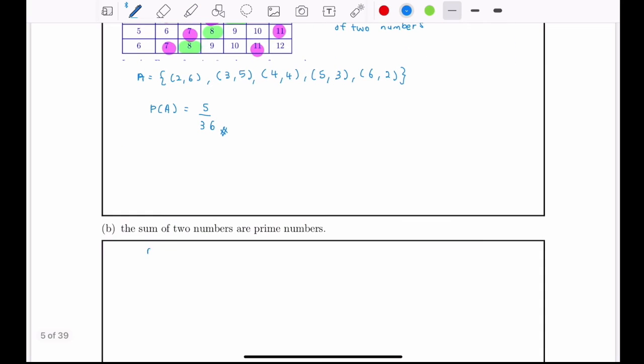So B is the event of getting prime numbers as the sum. So number of getting prime number is 15 times. So probability of getting B equals to 15 over 36, which can be simplified as 5 over 12.